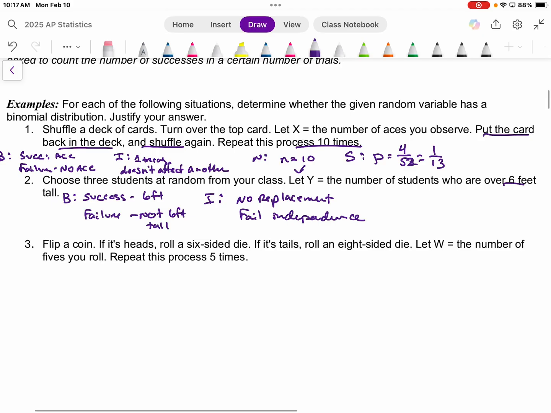Next one here says you flip a coin. If it's heads, you roll a 6-sided die. If it's tails, you roll an 8-sided die. And we're going to repeat this process 5 times. So we're going to flip a coin.